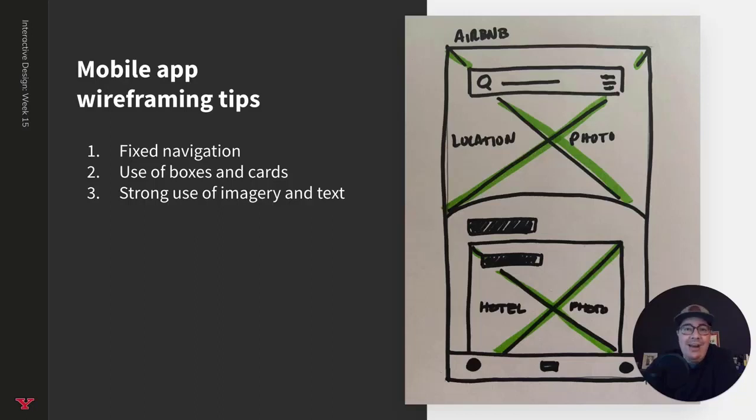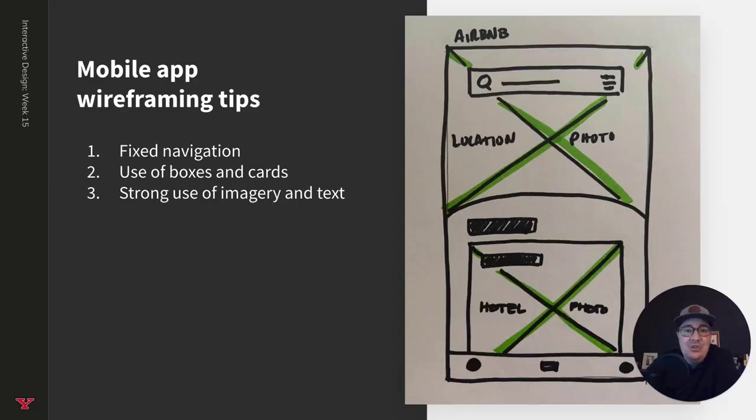If you open up any handful of applications on your phone that fit in those genres, you're probably going to see a really strong use of imagery and text. And so it's important to strike that balance, especially in an application for travel.